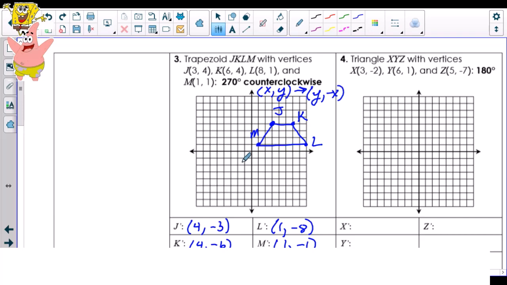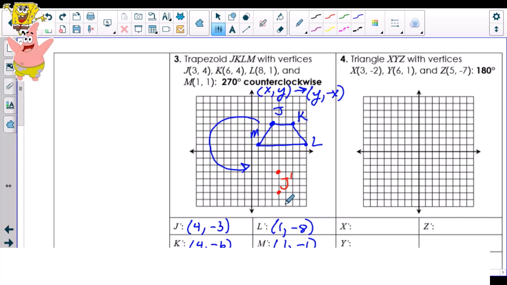Now we're going to apply the rotation. So we're turning this whole thing 270 degrees, so it's going to be over here when we turn it. But you can imagine turning that, so it's going to be oriented in a different direction when we plot this. So J prime is at 4, negative 3, and then K prime is at 4, negative 6.